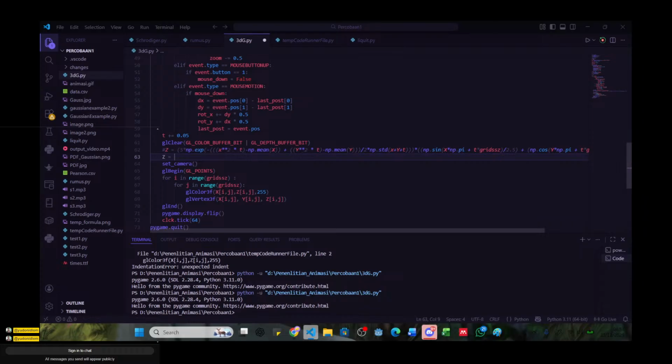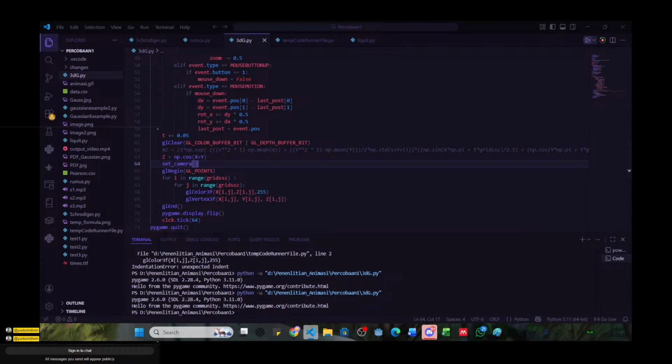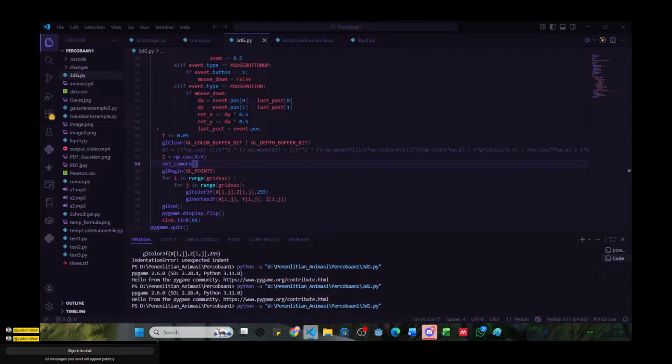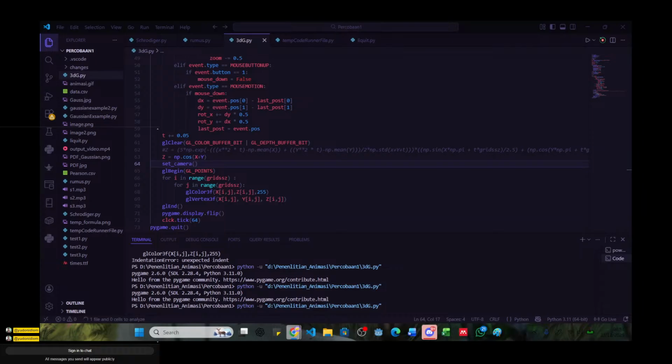Okay, we use the z-axis. We're gonna try to give the cos first. np.cos of x plus y here. Let's see how the 3D graph of cos looks. Okay, why is this not showing anything?